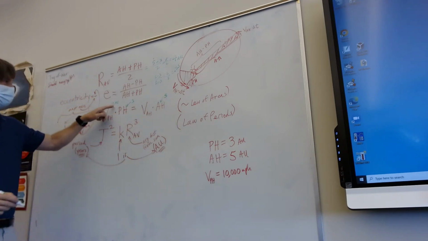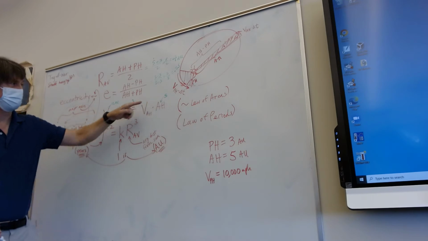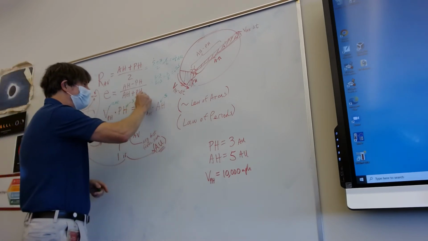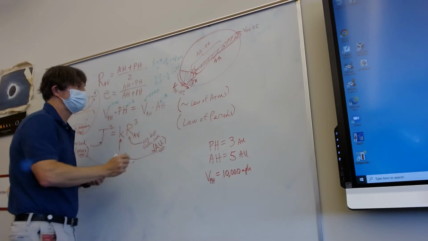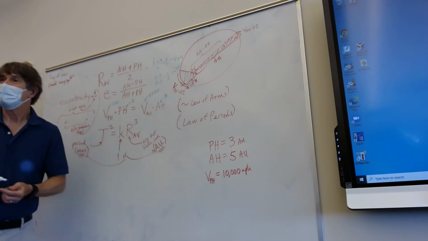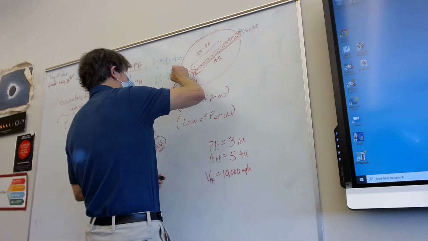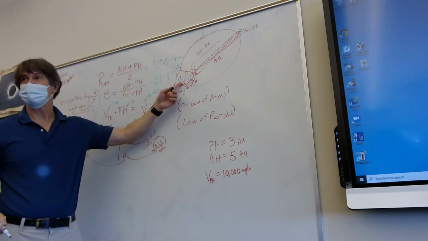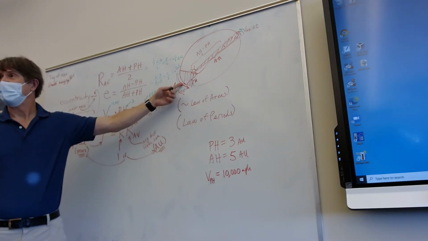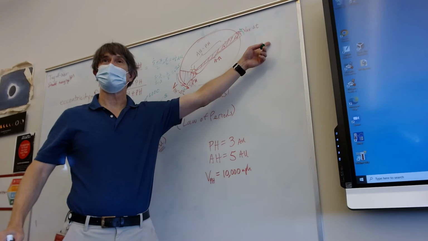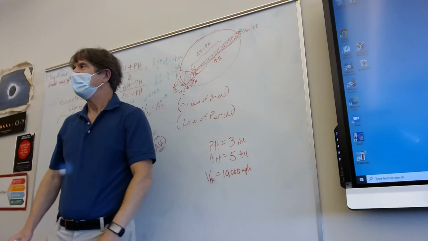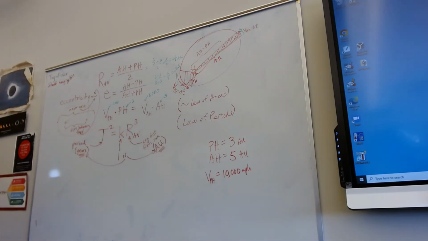So you do 30,000 divided by 5, and here it comes, 6,000 miles per hour. What I'm saying is the planet goes slower out here than it does here. It's going 10,000 miles an hour here, and it's only going 6,000 miles an hour out there. Only. A casual pace. A casual dawdle. My walking speed.